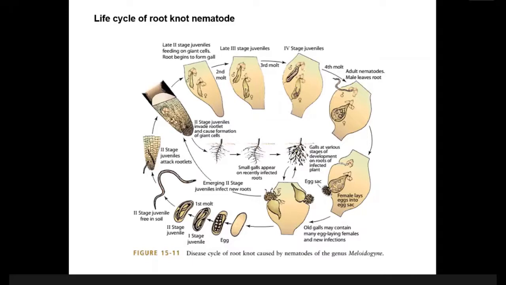As a result, cell division becomes uncontrolled in the root. The normal cell division is from one cell there will be two cells, from two cells there will be four cells, isn't it? So this is the normal cell cycle, but because of the nematode saliva or effector, from one cell there might be 1,000 cells. The cell division becomes uncontrolled. So this process is known as hyperplasia, uncontrolled cell division.